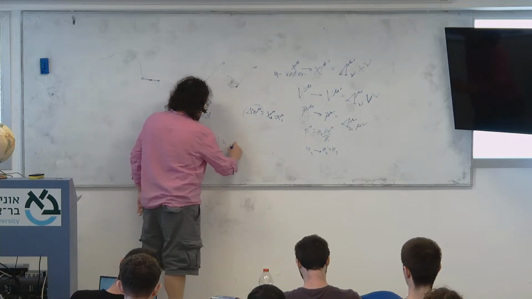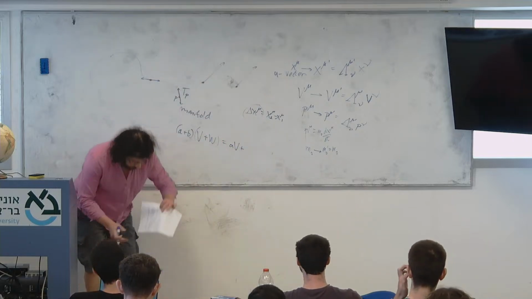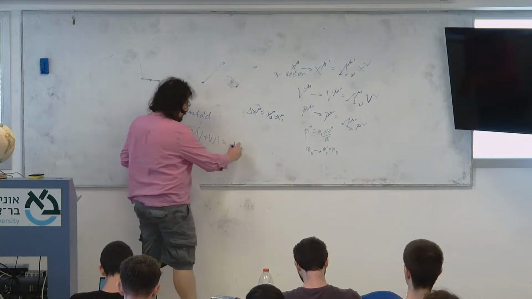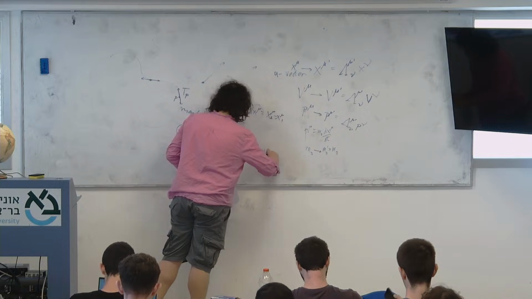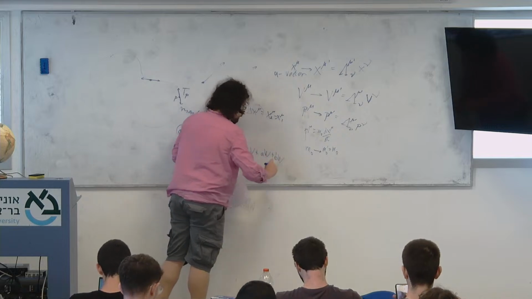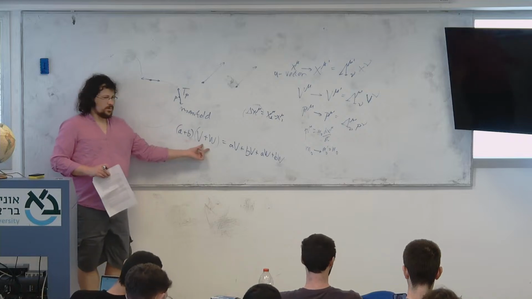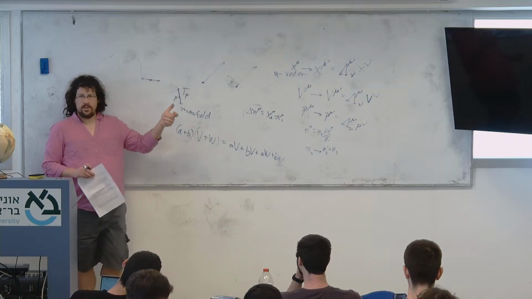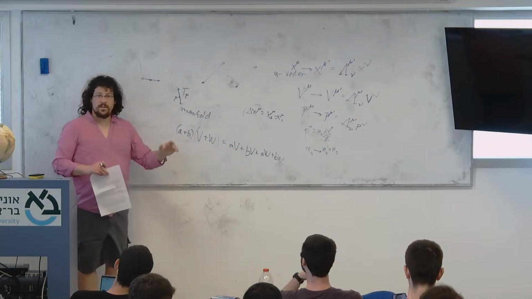And this will, of course, be aV plus aW, bV, and bW. Addition is commutative. You can switch the order in addition. Then scalar multiplication. So this is the simple algebra part.